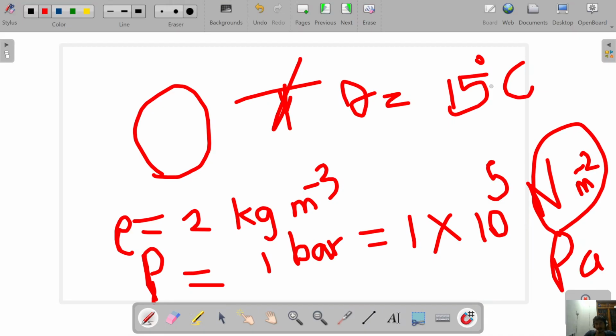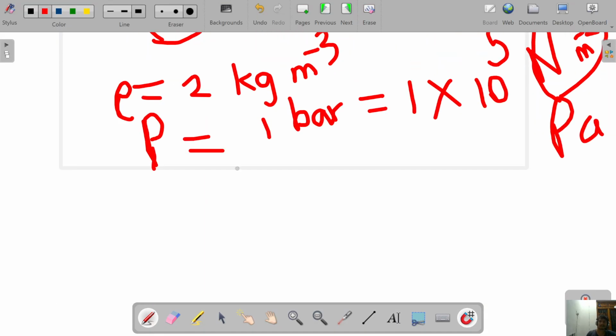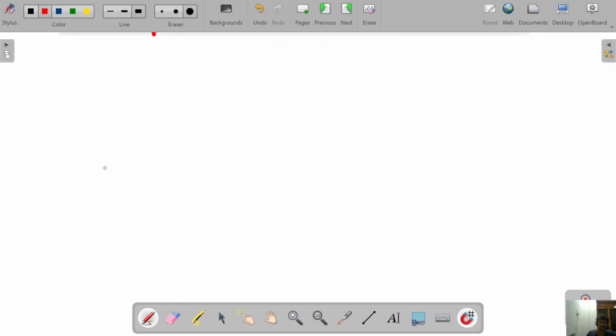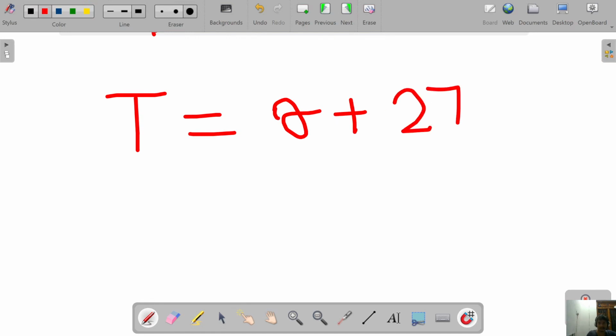You must convert the degree Celsius to Kelvin. The equation is T is equal to theta plus 273.15.